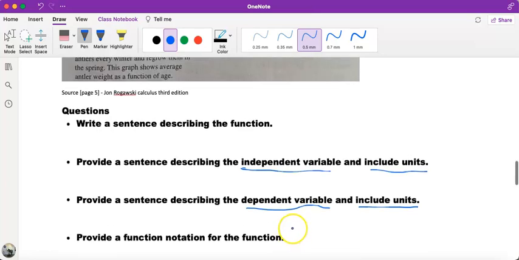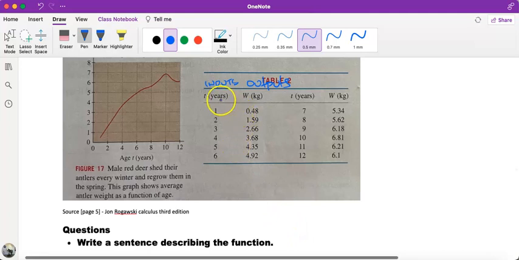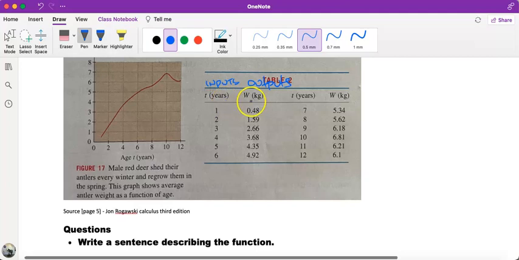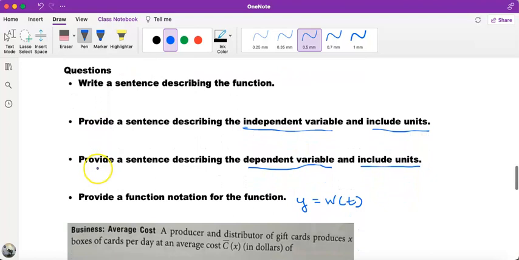Functional notation, I'll just give you a hint because we're running out of my 10-minute time, is that if this was t in years, and W is the weight, the function notation could represent your output. W is going to be a function with respect to t. So I would like for you to practice, right? The idea is to think about these ideas, and then we'll talk about them when we resume.